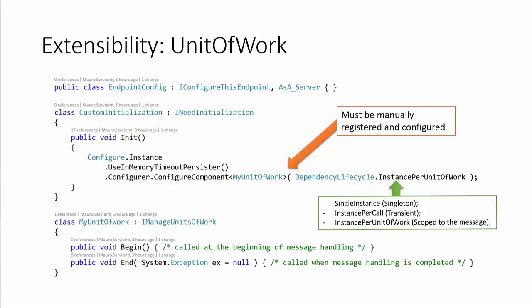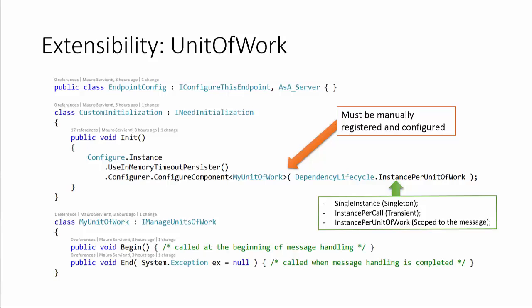So basically, if we need to have an instance of the bus in this class, we can simply add a public IBus MyBus property with a public getter and a public setter, and the built-in or the user-provided dependency inversion of control container will take care of filling that property with the current instance of the bus.